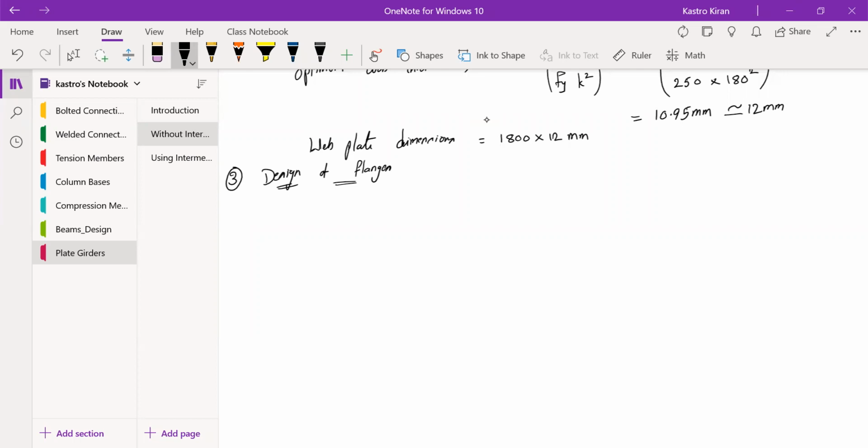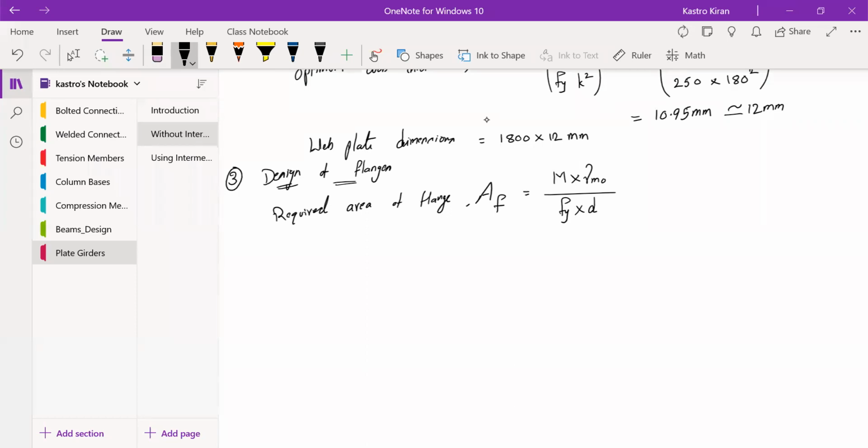So let's write the required area of flange, Af, equals, this can be calculated using the formula M into gamma m0 divided by fy into d.